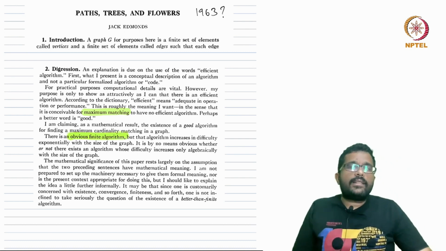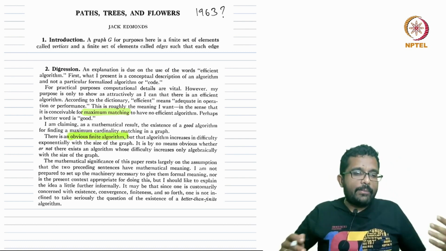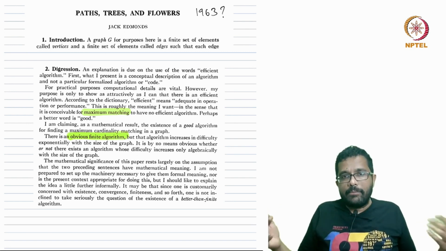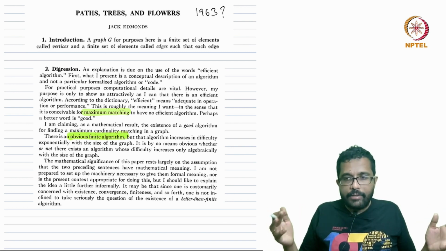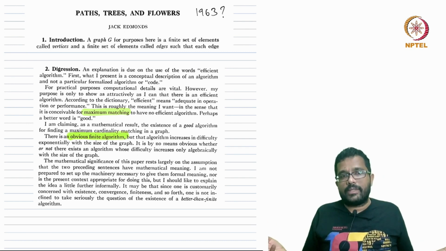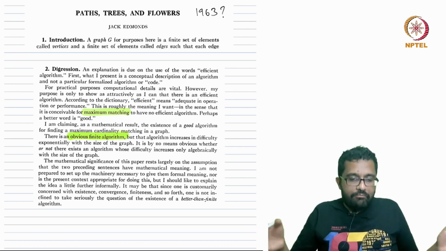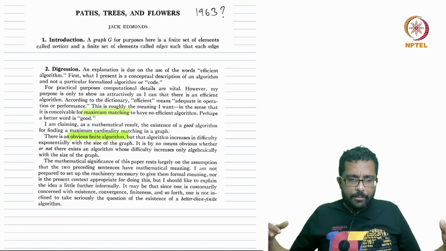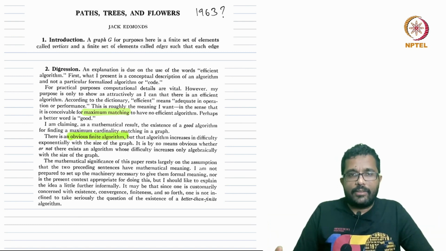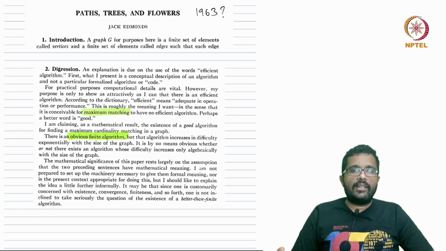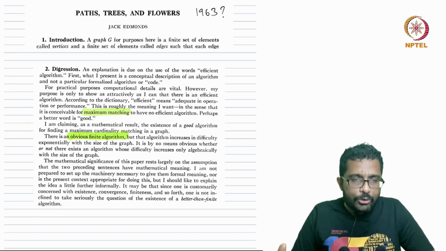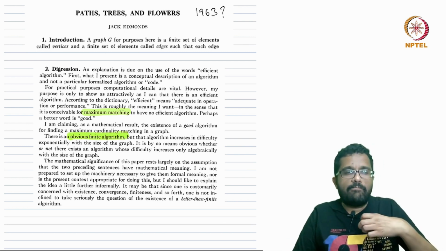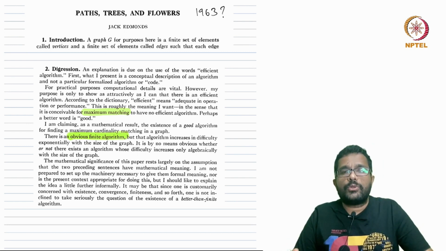By obvious finite he means something that runs in bounded time. The time bounded algorithm that he calls obvious is the brute force algorithm. There are only so many things you can try, so you try out all possible options and find the maximum matching. But that is the brute force approach, and the running time is usually quite bad, usually exponential.